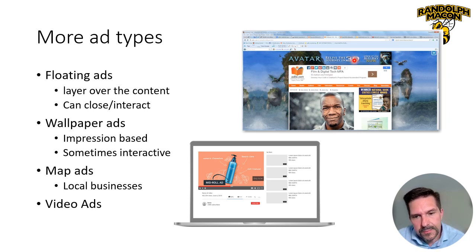Another type of ads, and I don't have one on the screen here, is map ads. So if you're using Waze, for example, on your phone to get to a place, there might be a pop-up ad for, I don't know, McDonald's, for example.